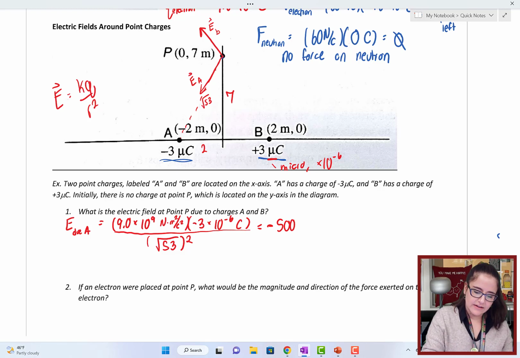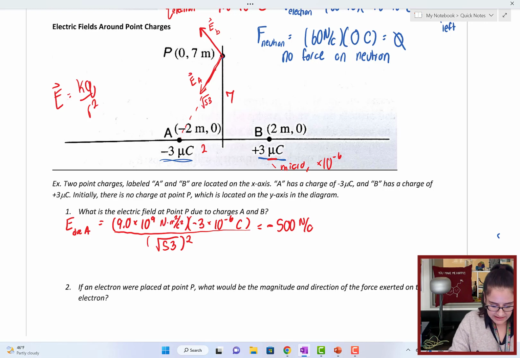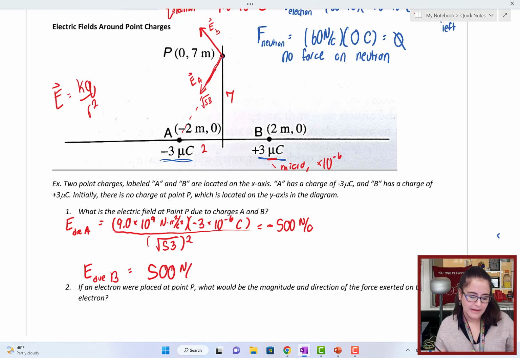It's negative because it is in that downward direction, towards that charge, which means if we did E due to B, it would be in the opposite direction, so that would be 500 newtons per coulomb. But we are not quite done yet.